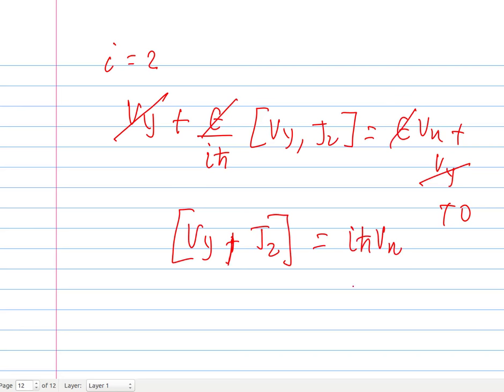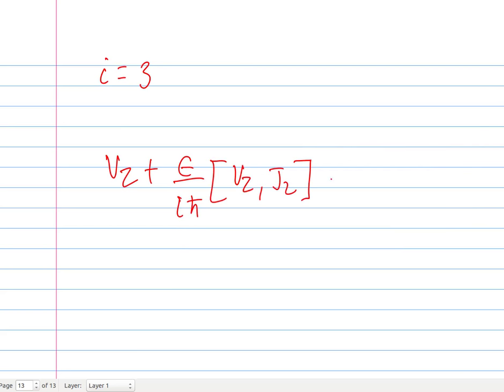If you try i equal to 3, then you will get Vz plus epsilon by i h bar, Vz commutation Jz, equal to just one term, 0 plus Vz. But this Vz gets cancelled, and I have Vz commutation Jz equal to 0.